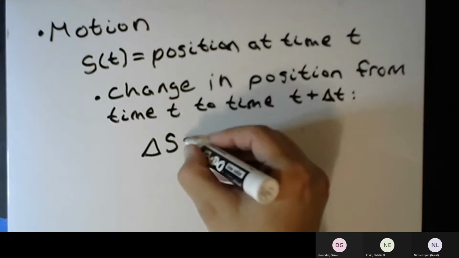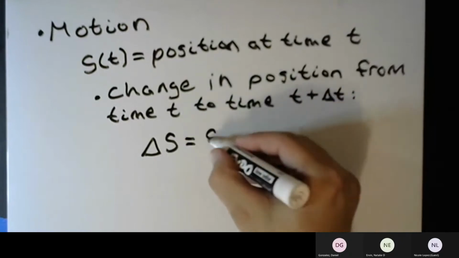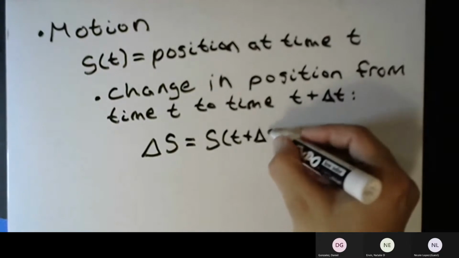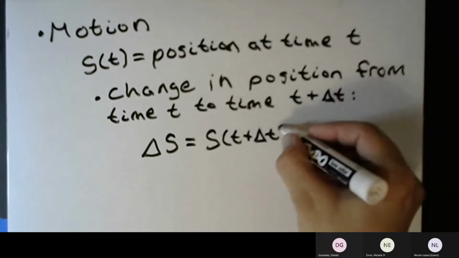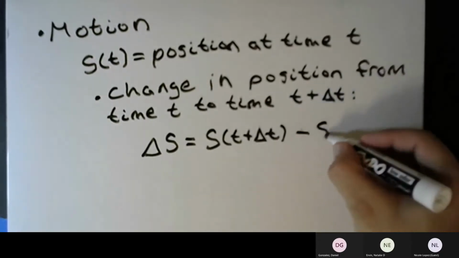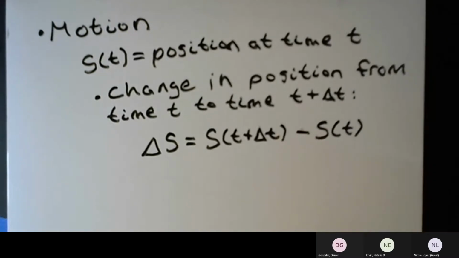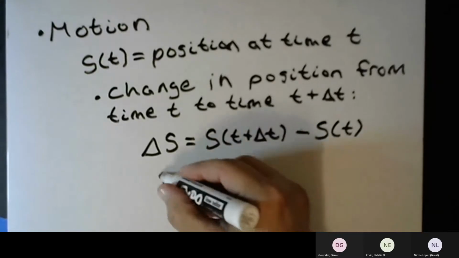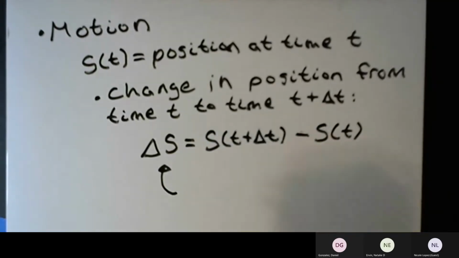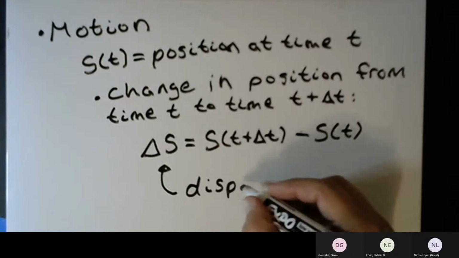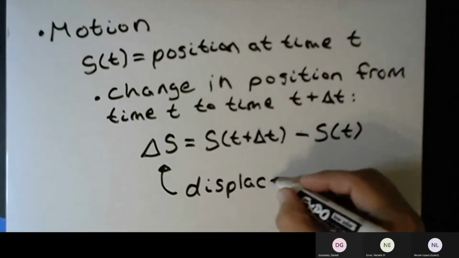Delta S is the position at t plus delta t minus the position at time t. Another term for this is what we call displacement, or a change in position.